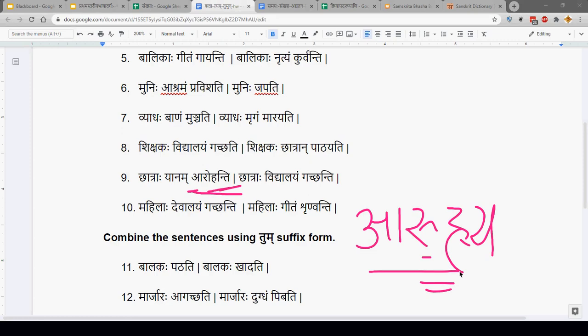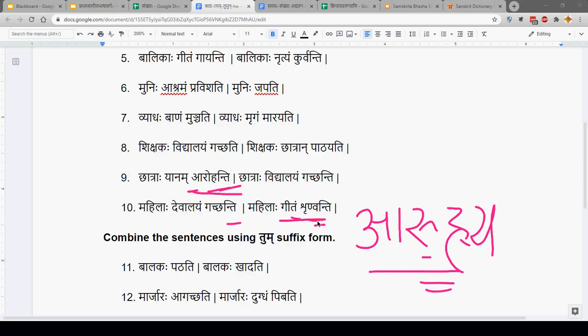So knowing the root, again you can follow that same path, if it is not on our simple table. So aruhya: chhatraha yanam aruhya, chhatra vidyalayam gacchanti. Anantaram mahilaha devalayam gatva geetam shrunvanti.